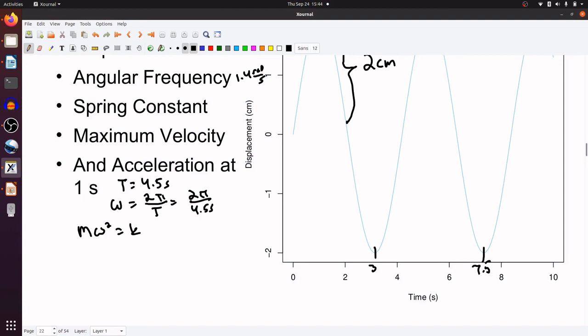Now that we have angular frequency and I just gave you mass, we can actually calculate k. So 25 kilograms times the angular frequency, which was 1.4. I take 1.4 squared times 25, and that's going to give me 49 newtons per meter.